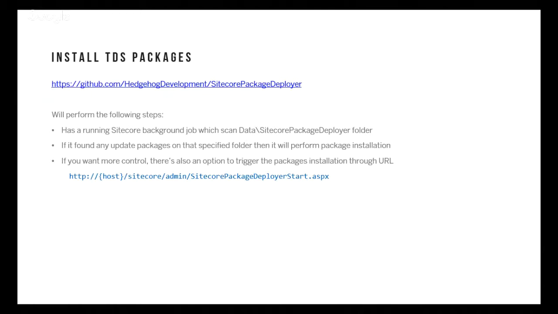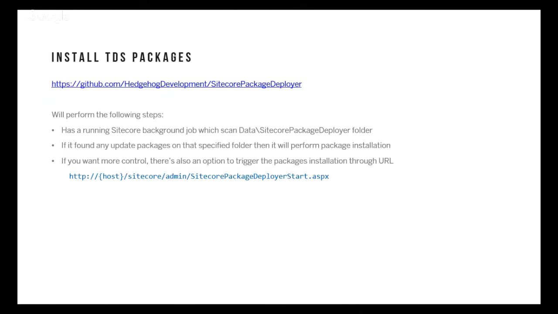So this guy, the Cycle Package Deployer, is doing the following things. It's running a background job. It scans the data folder, the Cycle Package Deployer folder. So in your Octopus, you basically grab the NuGet package and deploy it to that folder on the CM, and then it has a background job when it runs, and you can specifically trigger the background job through the URL as well.